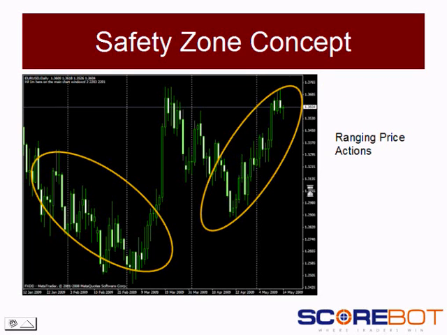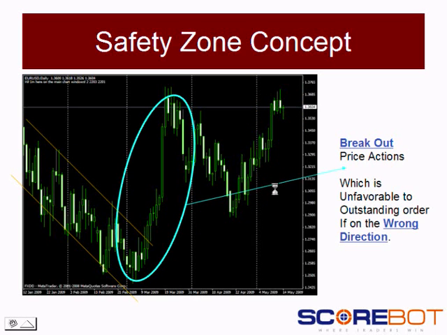Now if you can turn on your MT4 trading chart, you will notice that most of the time the prices are ranging in the range of probably 200 to 300 pips. For example, in this circled area, these are what we call ranging price actions.